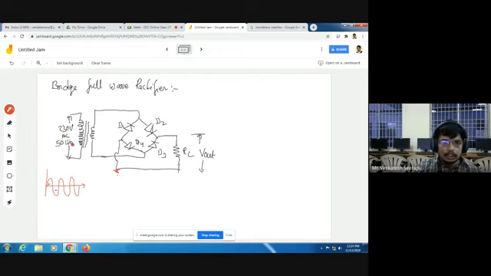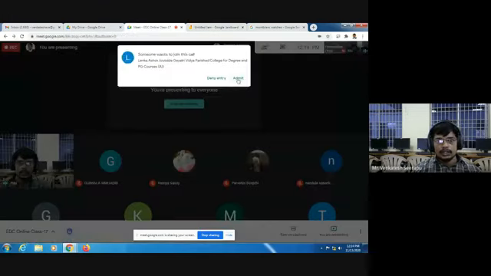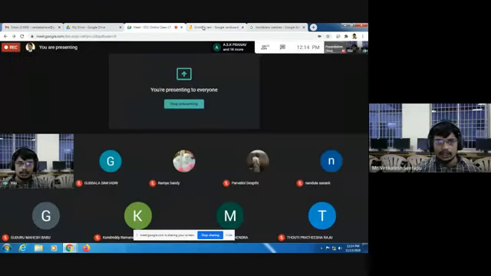When we give this AC signal to the step down transformer, the use of a step down transformer is that it decreases the amplitude of the signal. Why? Because it is a step down transformer, which steps down the amplitude of the given signal. So here also we will get both positive and negative half cycles.